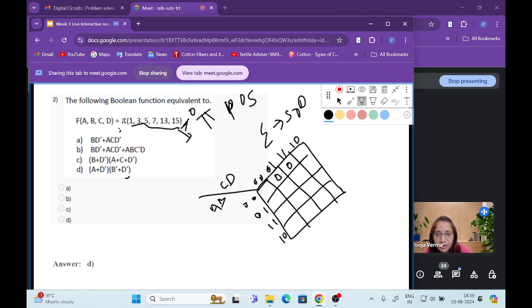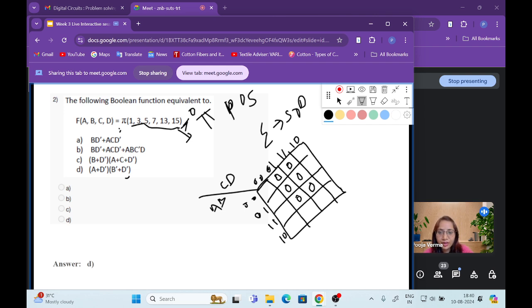Now check, at the fifth place we need to write 0. So 0 1 2 3 4 5, here will be 0, then the 7th, then 13 and 15, here we need to write down.